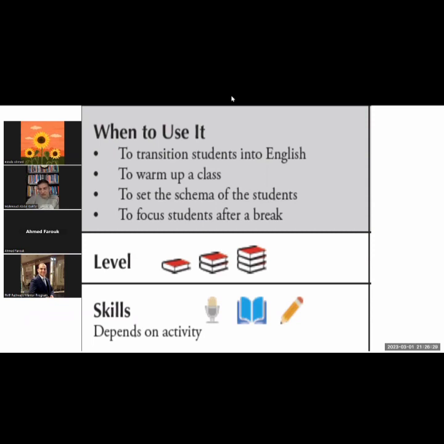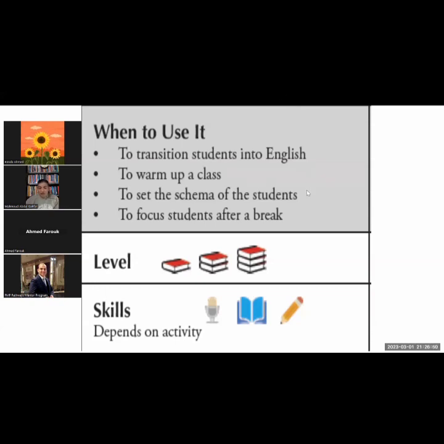This is very important to warm up the class, to set a schema for the student, and to focus the students after a break. After the break, if you want to win the focus of your students, you have to try this activity.